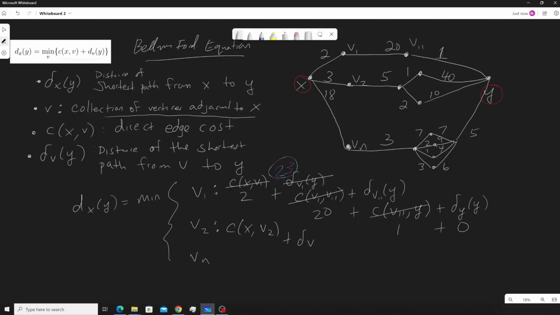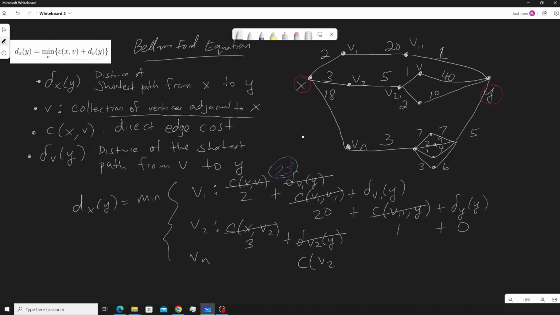This one becomes 3, and d of v2 y becomes c of v2, let's call this v21, and we'll call these v211 and v212.